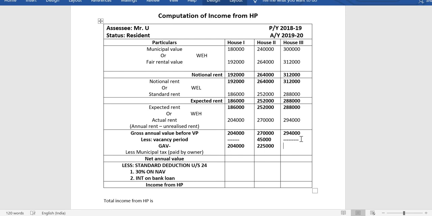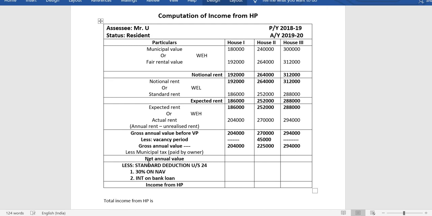And for house 3, the GAV is 2,94,000. So this is the gross annual value.